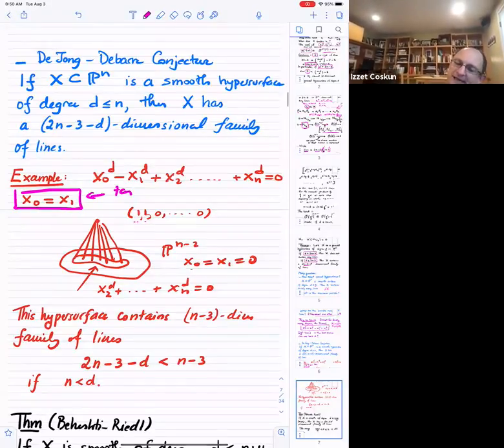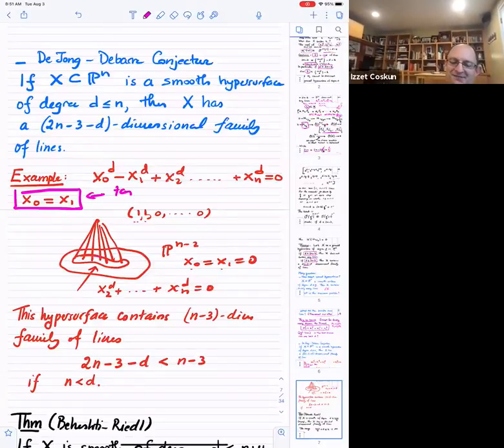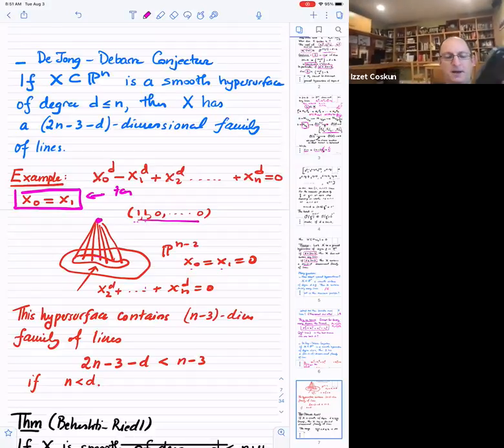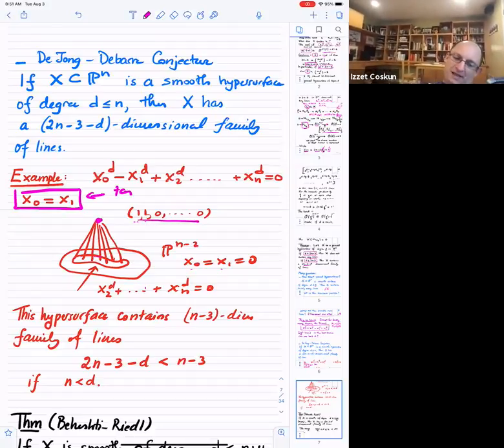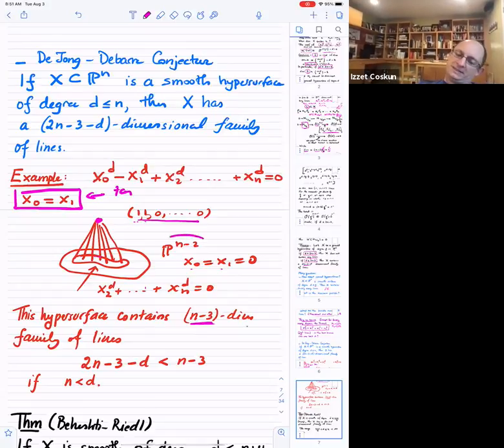So if you set x0 and x1 equal to 0, then you have the smaller dimensional Fermat, x2 to the d plus through xn to the d is equal to 0. And this is a cone with vertex at this point. So you see, there are all these lines on this hypersurface, and this is an n minus 3 dimensional family of lines, right? Because in this P^(n-2), I have this hypersurface, which has dimension n minus 3.